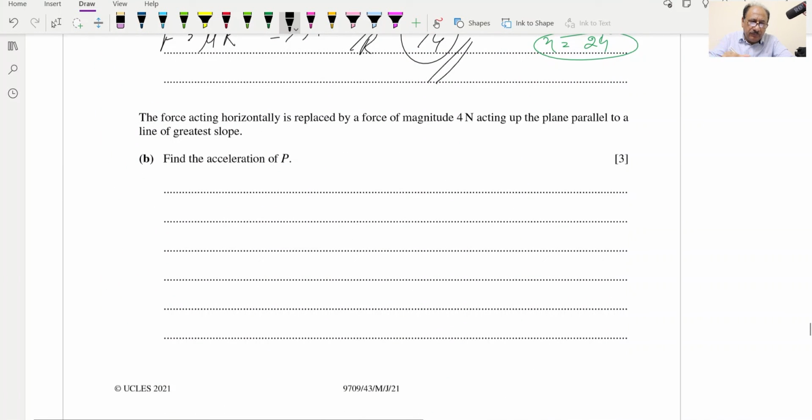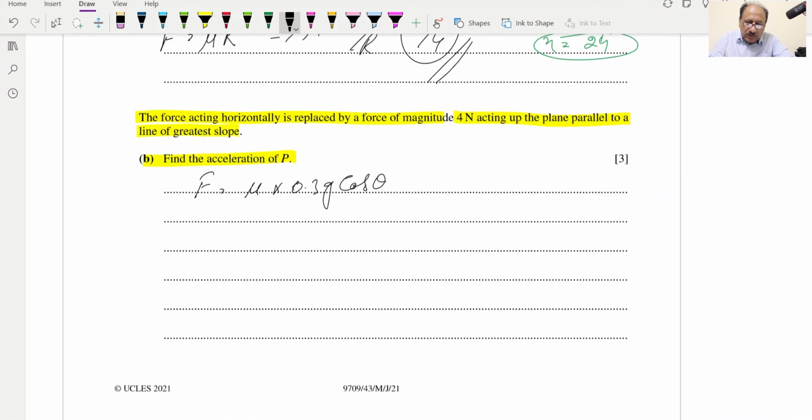Now part b of this question says the force acting horizontally is replaced by a force of magnitude 4 Newton acting up the plane parallel to the line of greatest slope. So find the acceleration of P. To find the acceleration of P, we need the force of friction, which is equal to mu into 0.3 g cos theta.